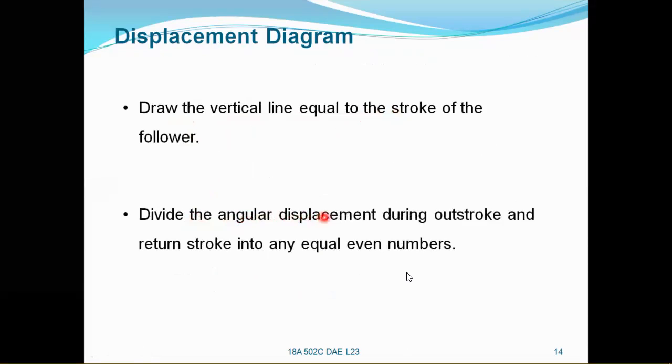Divide the angular displacement during outstroke and return stroke into any equal even number of parts. Only outstroke as well as return stroke. Divide them into any even number of equal parts.